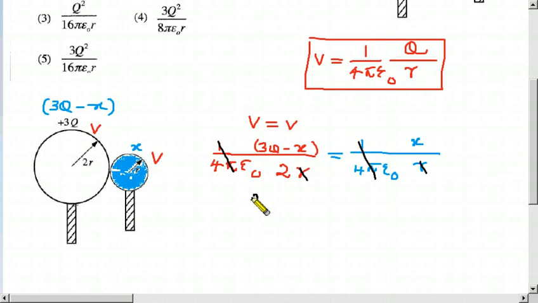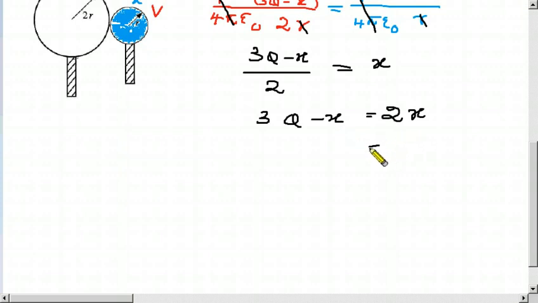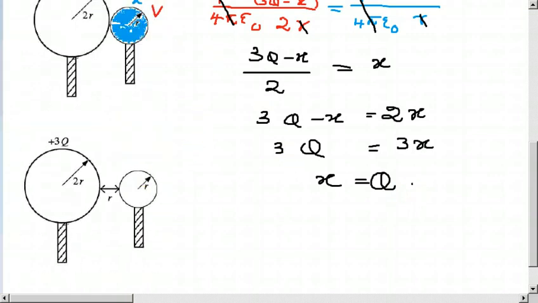So remaining is 3q minus x divided by 2 equals only x on the right side. Cross multiplication gives 3q minus x equals 2 times x. When you take this x to the right side, positive, then 3x equals 3q, then x equals q. That means the final charge on this small sphere is q.